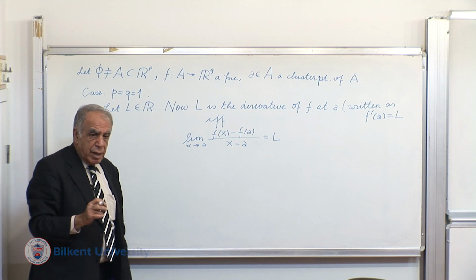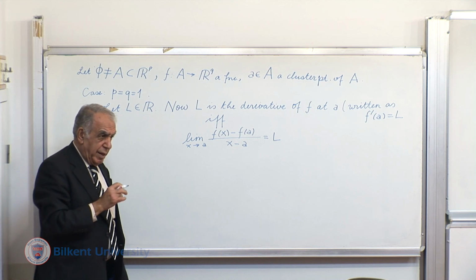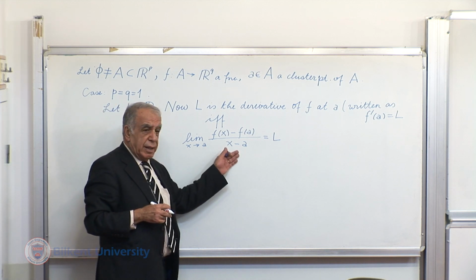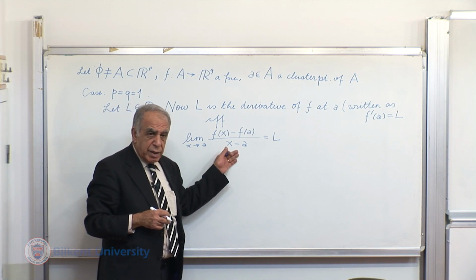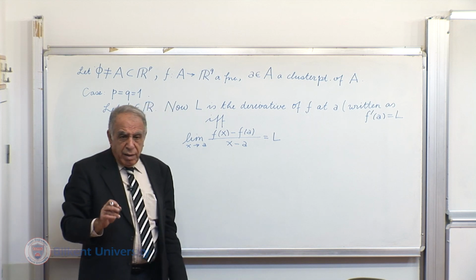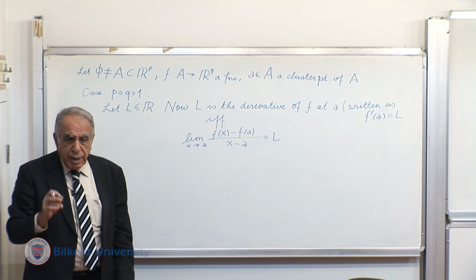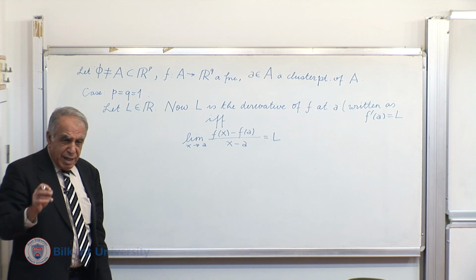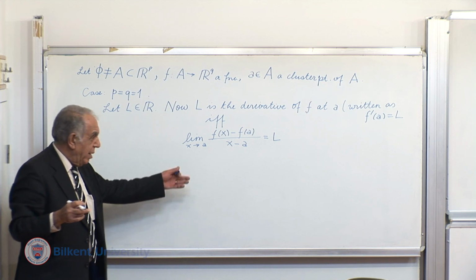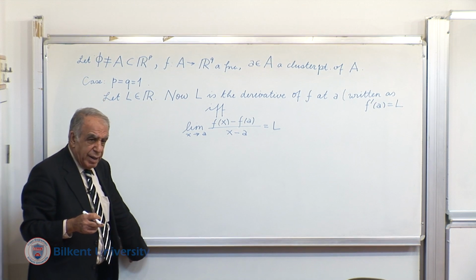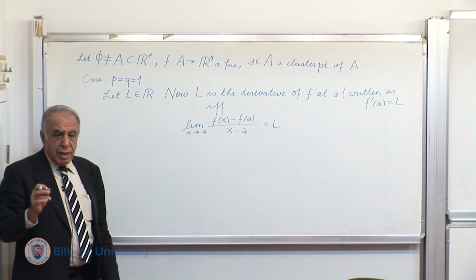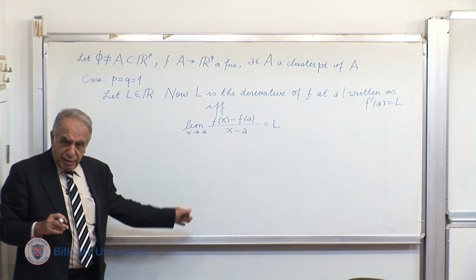Well, we have gone through the definition of the limit of a function. Now, this quotient function is not defined at A, but as we consider the punctured neighborhood and never consider what happens at x equals A, this is something well defined. But let me rewrite this in terms of the definition of the limit.